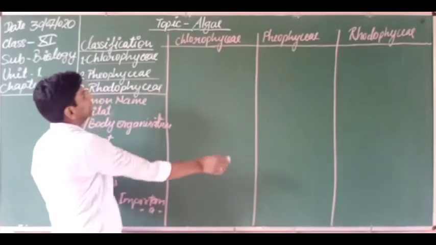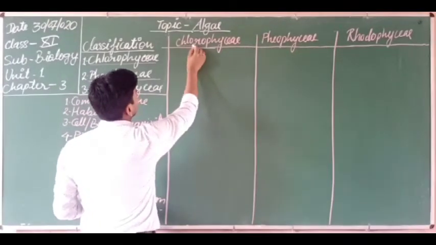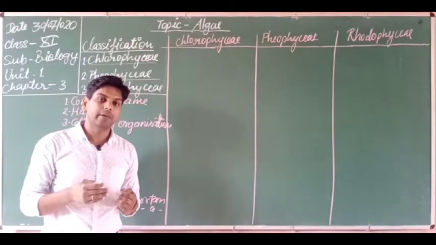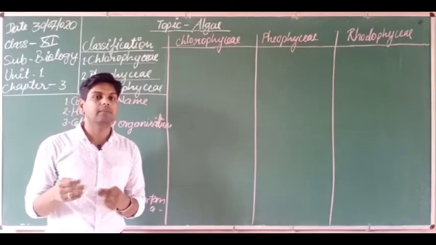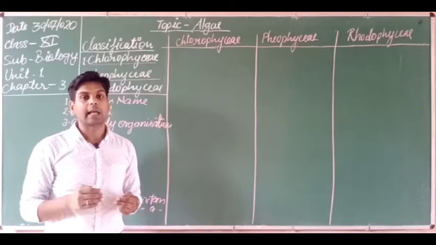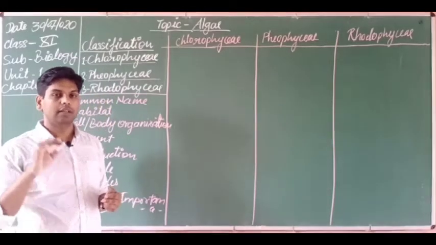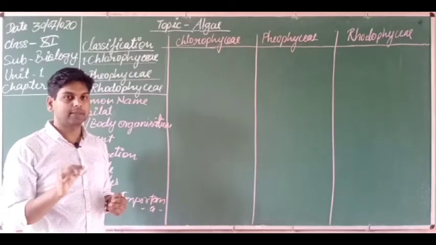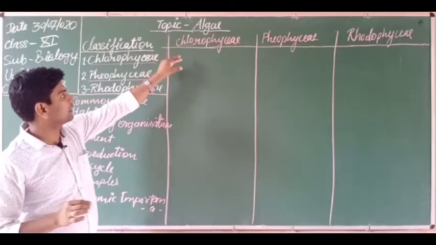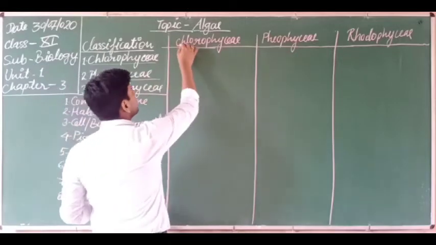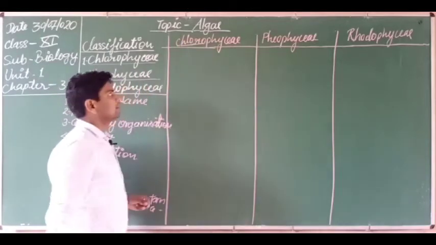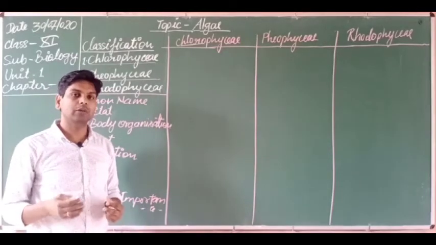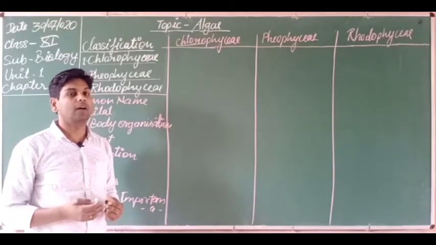What is Chlorophycy? Chloro is the term. Whenever you study the term chloro in biology, chloro means green in color. This is the keyword, and you should always remember it. Phycy is the category, or you can say the class of plant.